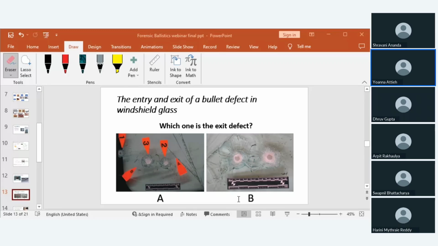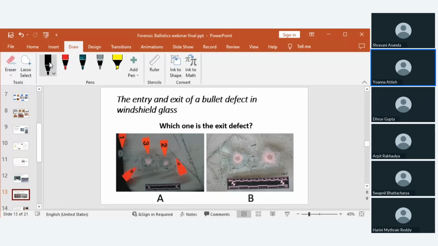Because of the bullet energy wave forcing particles outwards, this creates a more pronounced crater-like effect on the far side. So these defects offer valuable insights into the angle and direction of the bullet travel, which provide essential clues for forensic experts. So as you can see, guys, the coning effect is this one.